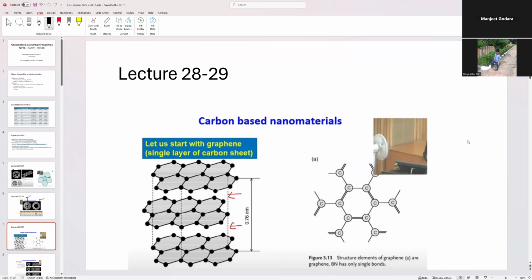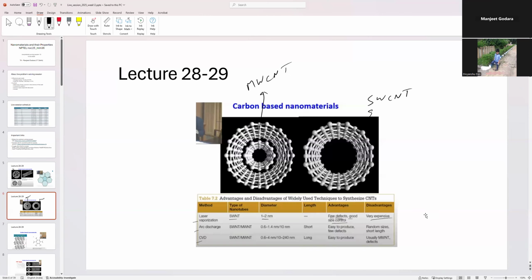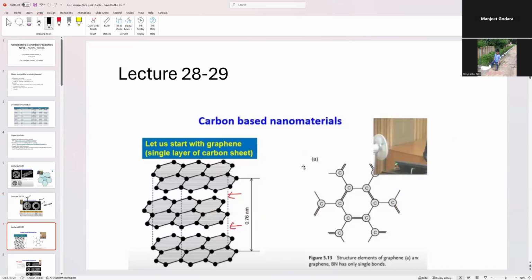So we have graphite and how you get graphene out of it. CNT here is a type of 1D nanomaterial, because one dimension is more than 1 millimeter. Graphite, on the other hand, is stacked layers of graphene.